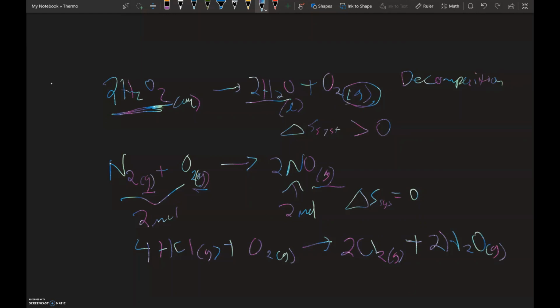My question for you right now is, what is the entropy change of this system equal to? Is it equal to 0? Is it greater than 0? Or is it less than 0? So let's figure out what that's equal to. I'm going to give you guys about 30 seconds to look at this, and then we'll go over it. All right, go ahead. 30 seconds starts now.